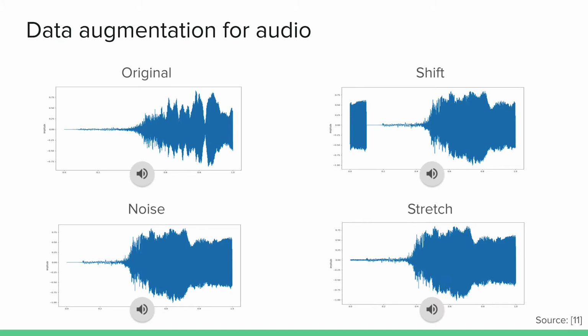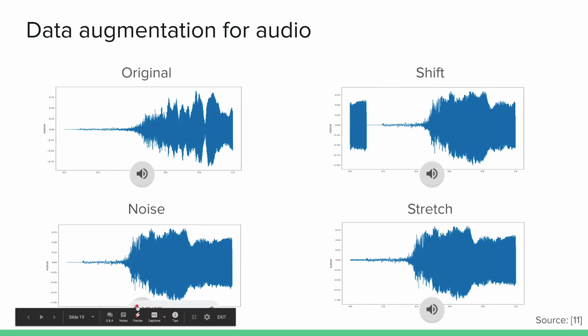Let's take a quick look at some examples of these augmentations, how they sound. So that's the original. Let's shift the end to the beginning. So it cut some part of the end and put it to the beginning, or it was maybe a different part of something that came before.